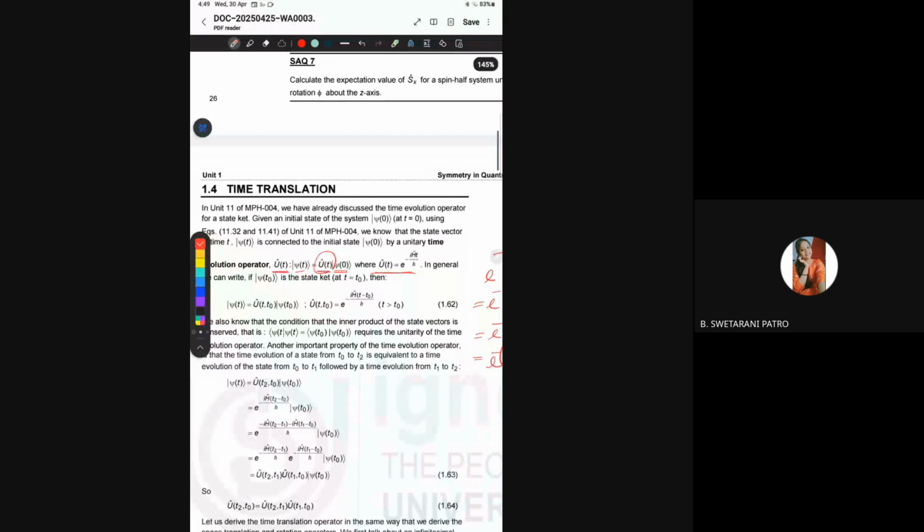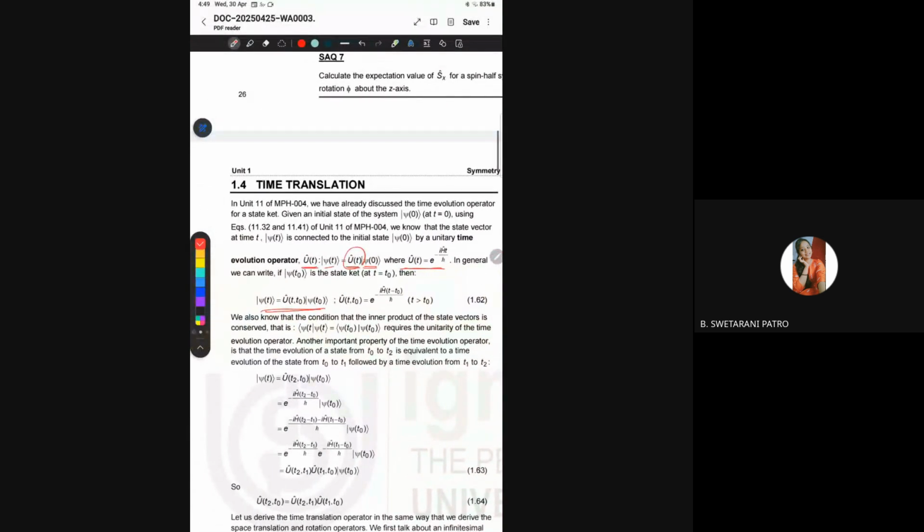That is what is said here. So the psi t state: if t0 is 0, it is written as psi 0.